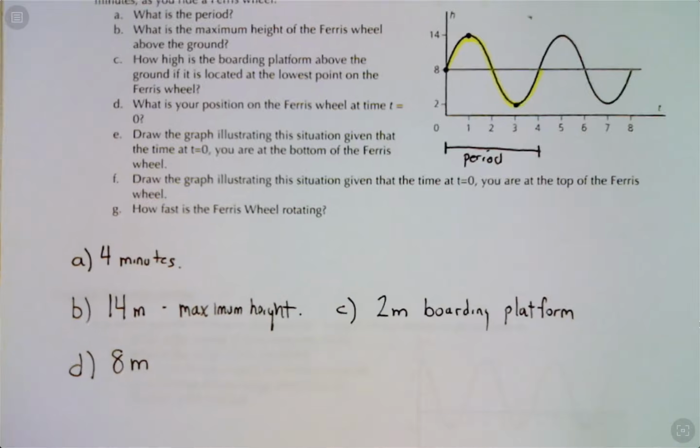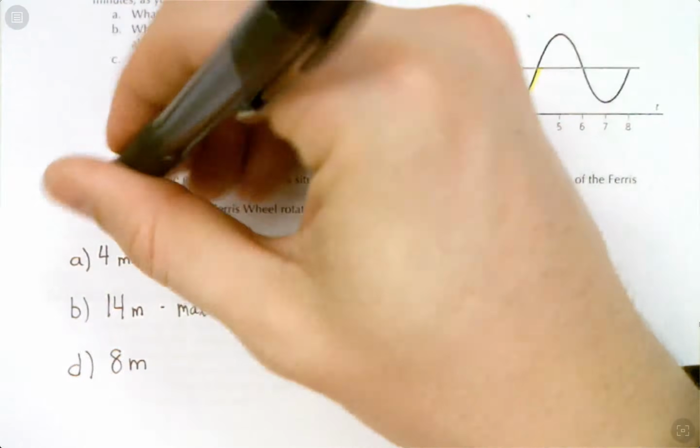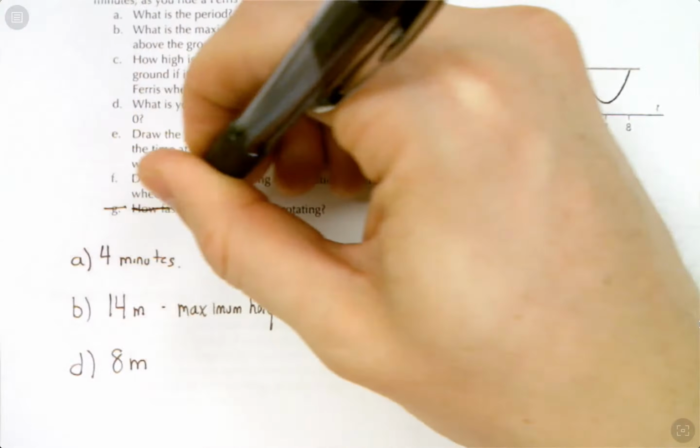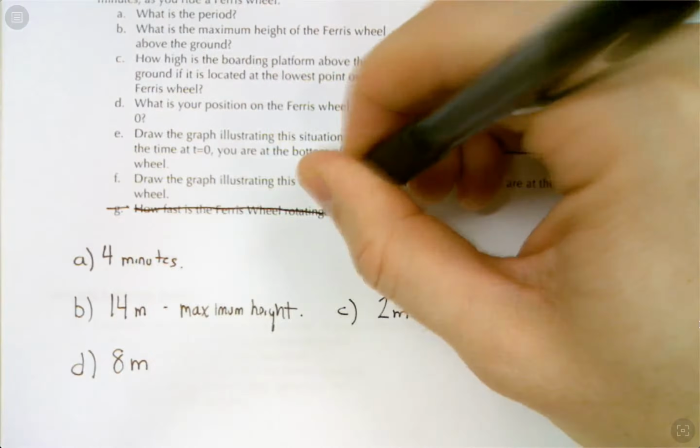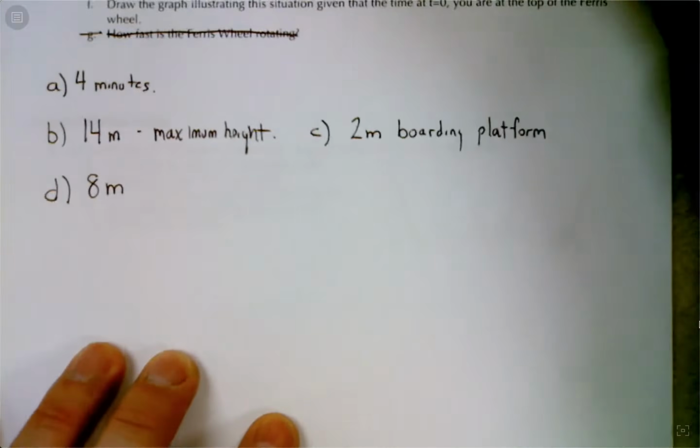So let's try to graph that. And then in F, we're going to do the graph assuming we started our ride at the top. So we're going to come up with 2 graphs. G says, how fast is the Ferris wheel rotating? We're going to omit that question for now. Let's just do E and F.